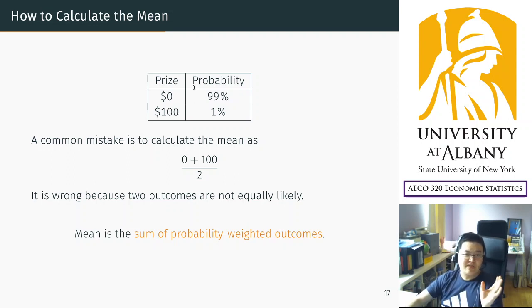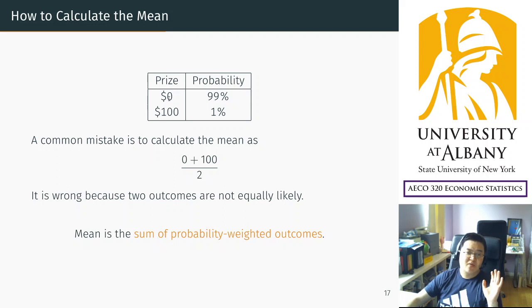This example is too simple, so you may think you would not be confused in the future, but I see many students who are confused at this point. Even if there are two possible outcomes, the average is not just the average of the outcomes. What you have to consider is the probability.